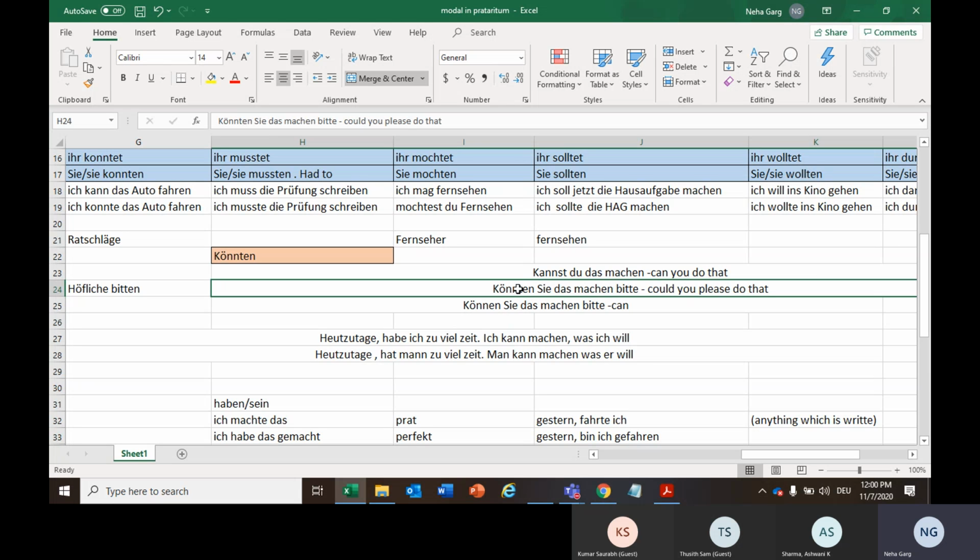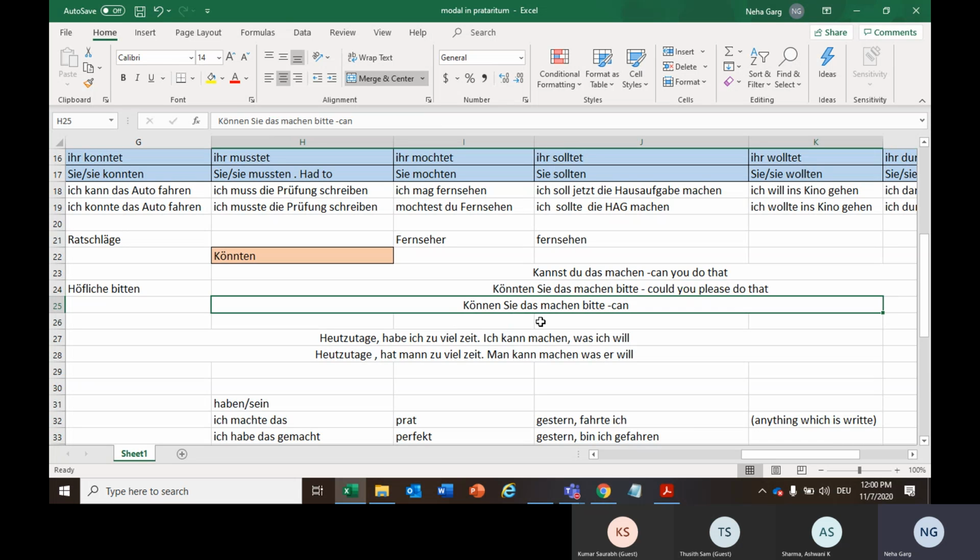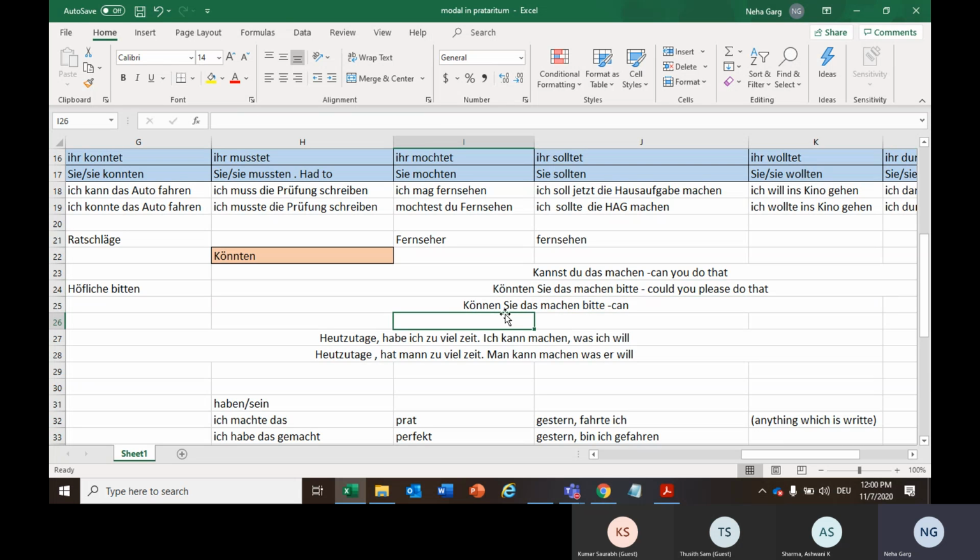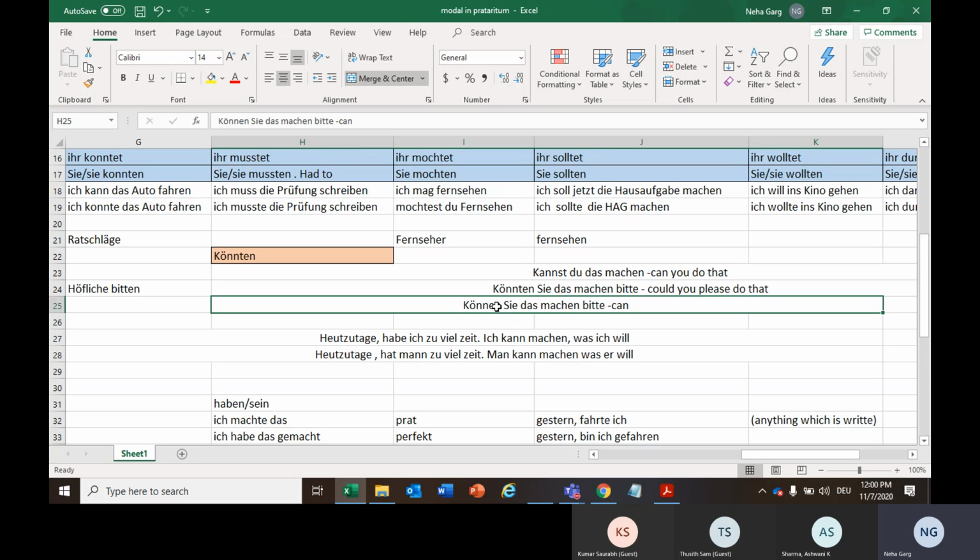The difference is the same between can you do that or could you do that. Plus, if you ask somebody in present tense, can you do that? That question sounds like maybe you're asking about somebody's ability to do something. Can you do that? Are you able to do that or not? But when you say, could you do that? That means you are requesting somebody to do that.